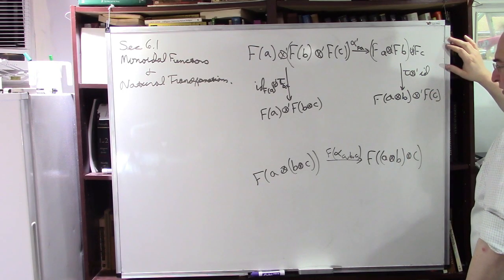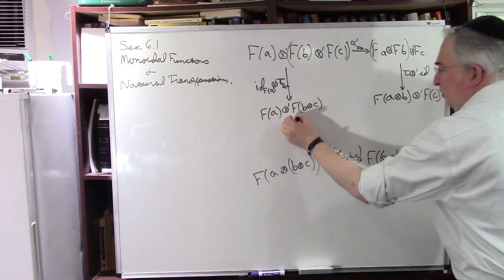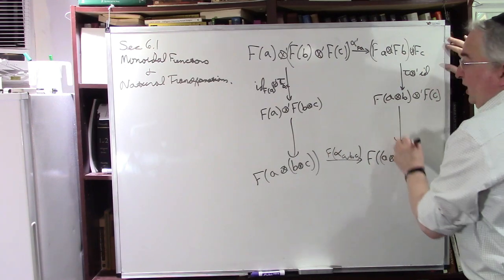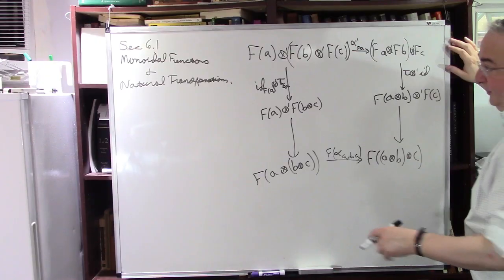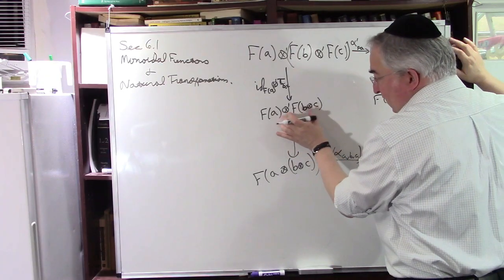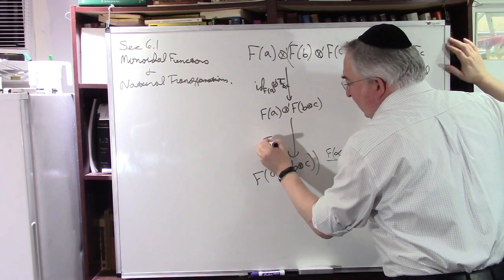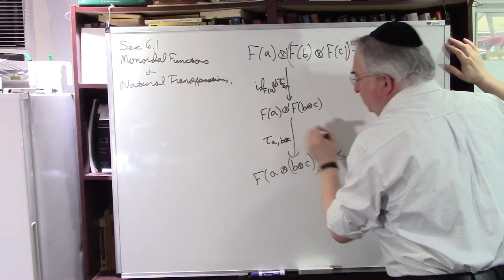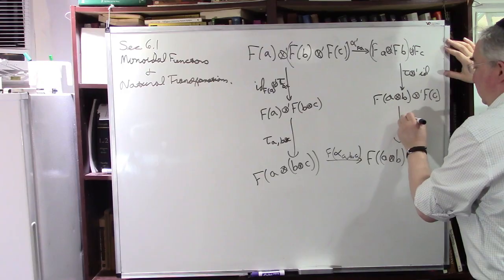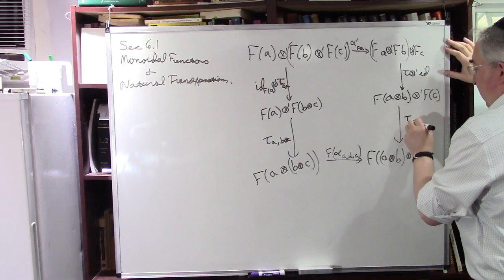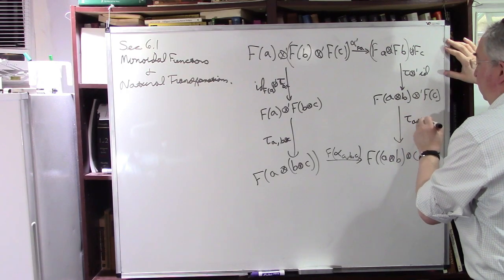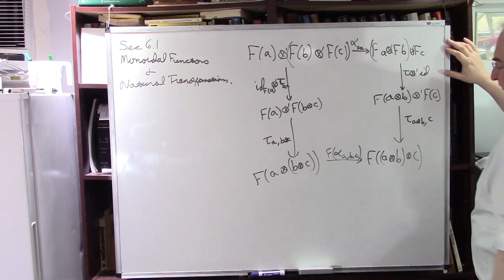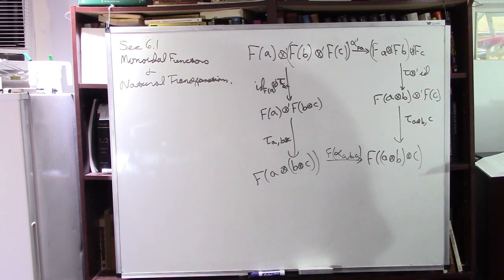Okay, great. Now we have two more maps like this and like this. This says funnel this together. So this is now tau of A, comma, B tensor C. And this is tau of A tensor B, comma, C. Bring it all together. Okay?